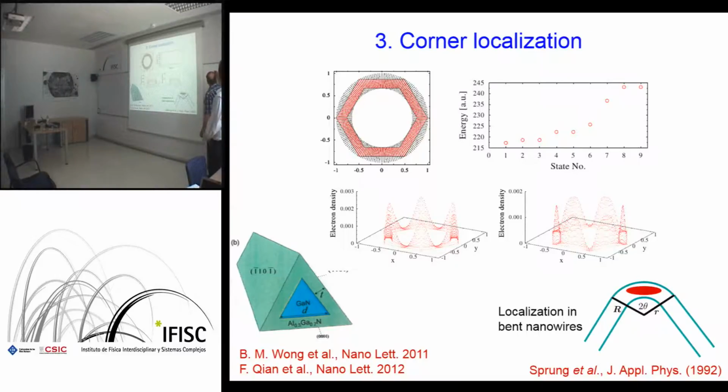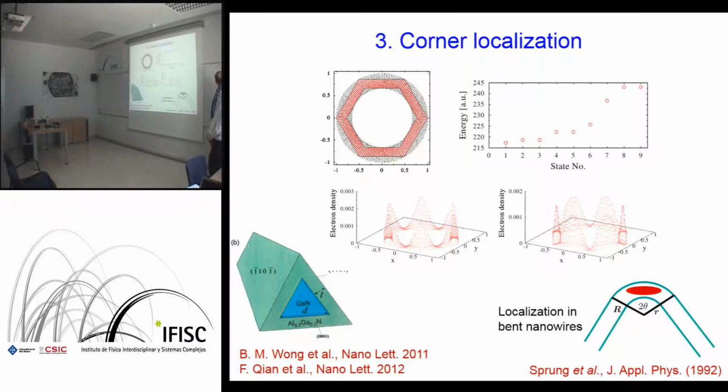Let's say if you have a circle, you have the energies proportional to m squared. So the lowest energy corresponds to n equals 0.